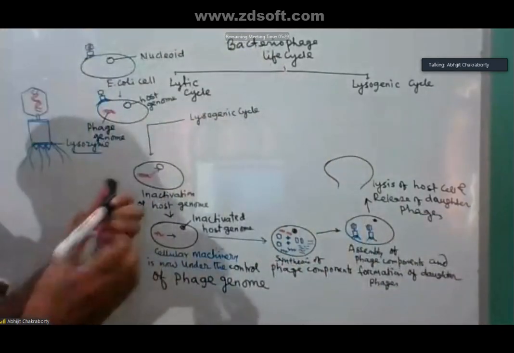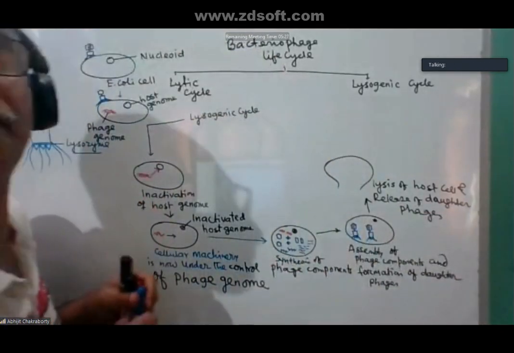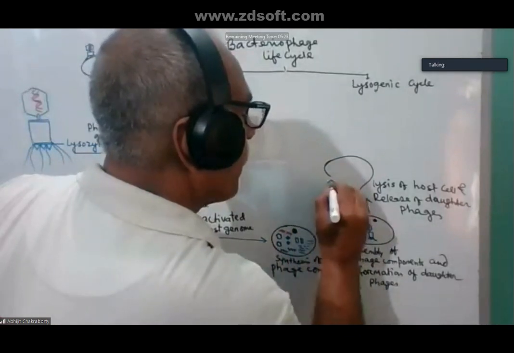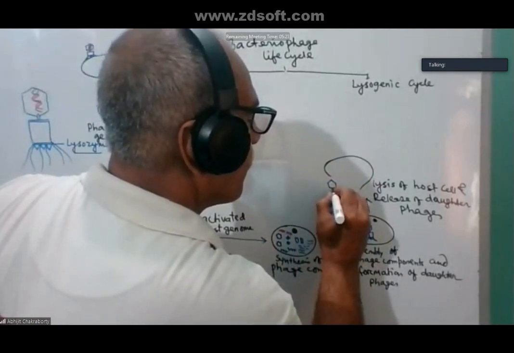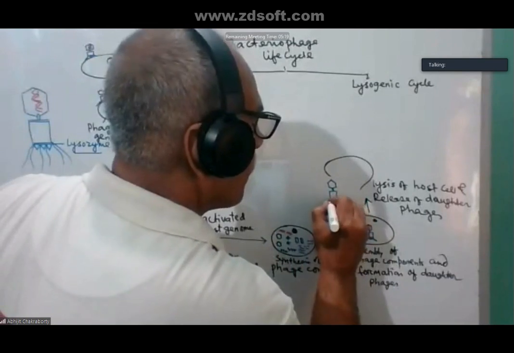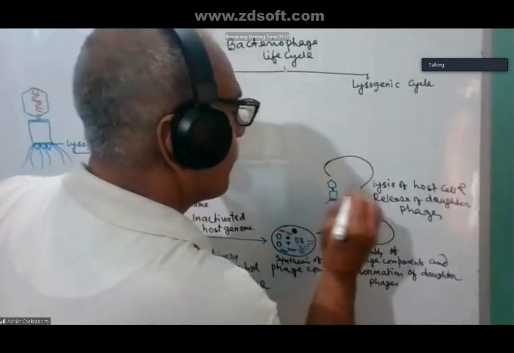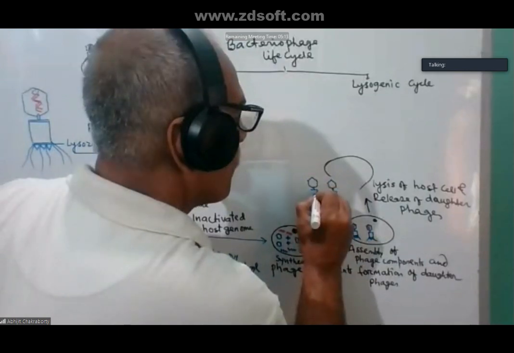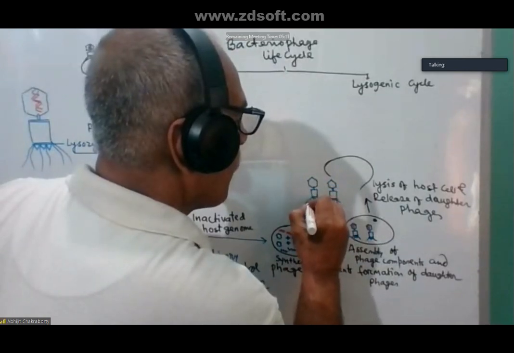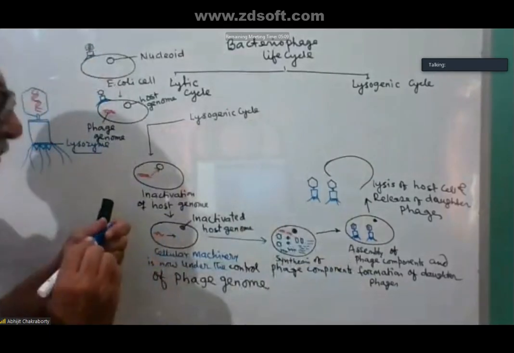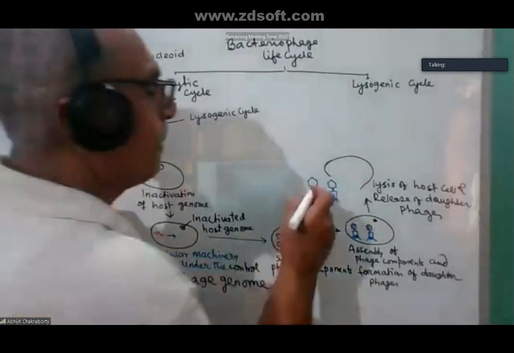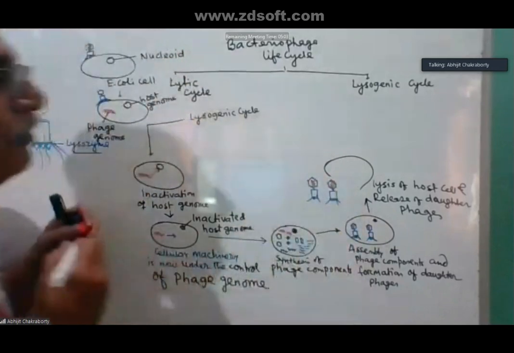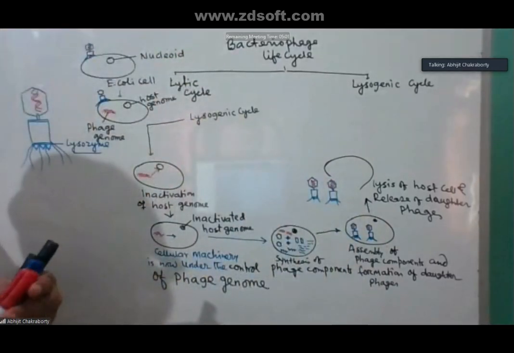So what happens here? Daughter phages are released out.